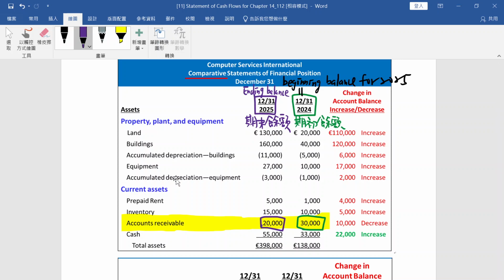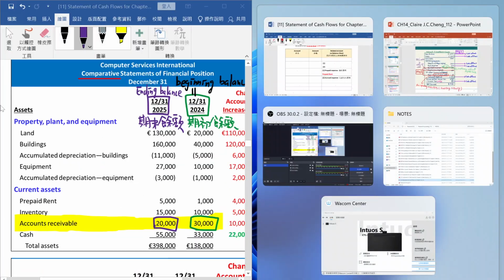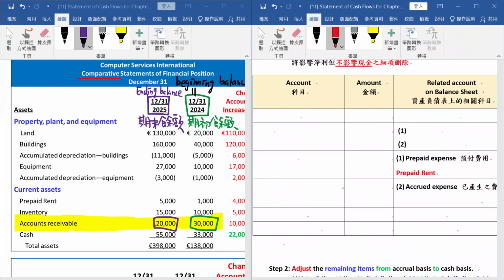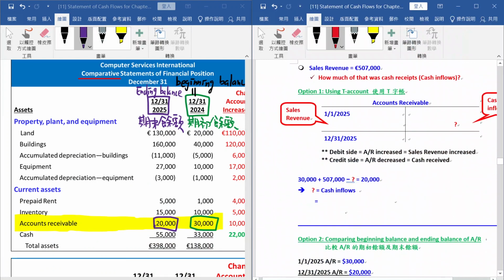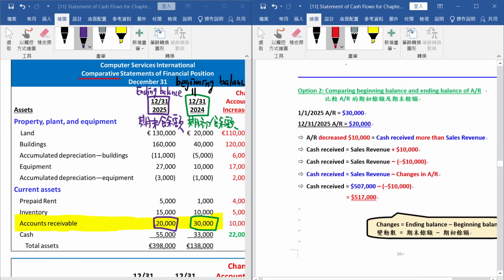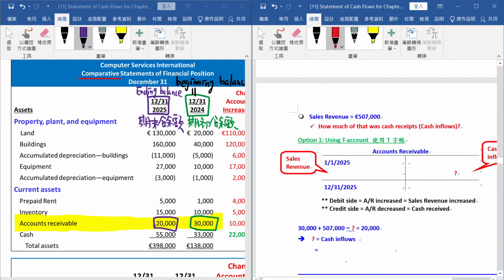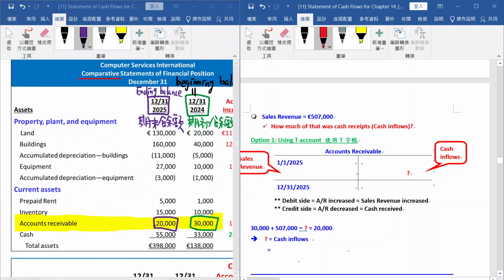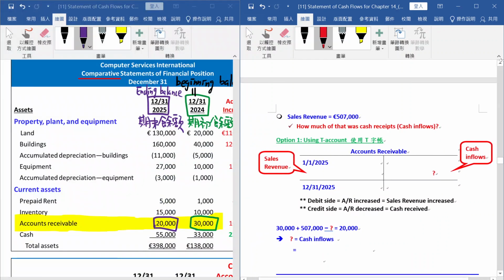Okay? So based on the numbers we got already, right now we try to find out our cash flows. So please go to your notes on page 16. Page 16, did you find it?